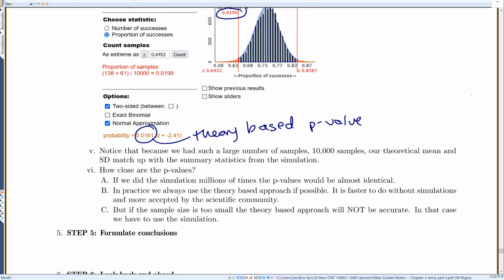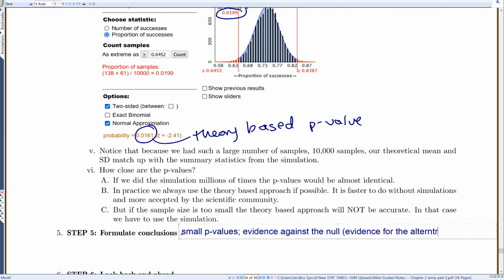Okay, step 5 is formulate the conclusions. So whichever way we decided to do this, both of those p-values are small p-values. So we have evidence against the null, which means now we have evidence for the alternative, which is what I was hoping to show.